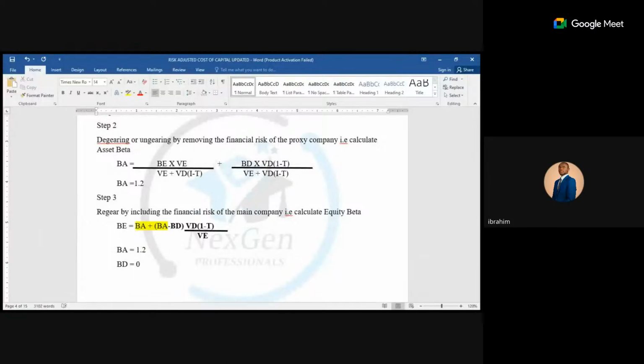Now, for you to get your value of debt and your value of equity, don't forget that you use the level of gearing given to you.